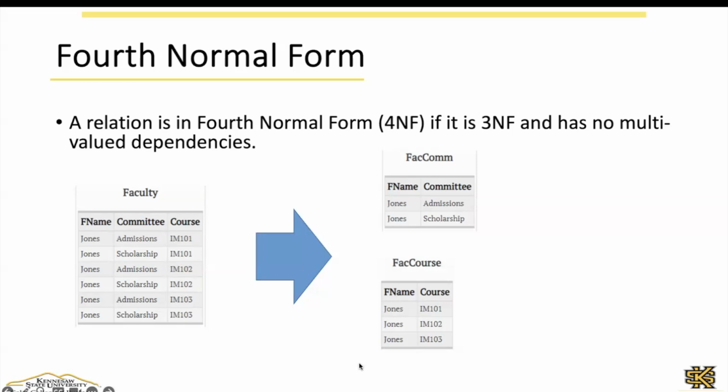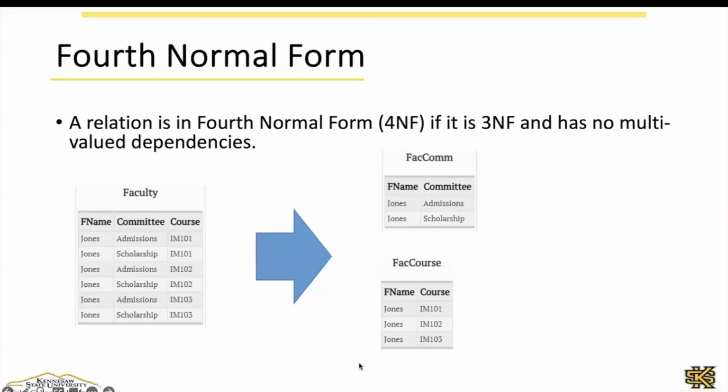However, there is a better way to design this so that we don't have to repeat the data and avoid multi-valued dependency. So instead of having just one faculty table, we can create two tables. One for faculty and committee assignments and the other for faculty and course assignments. In the faculty and committee table, we would store faculty name and committee assignment.